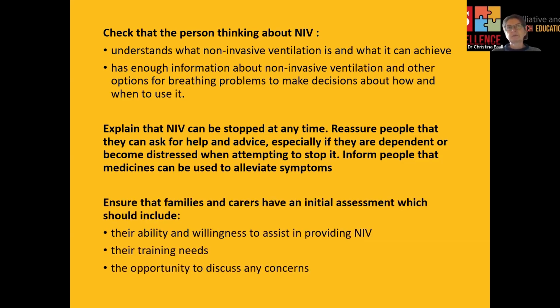And then there's a need to make sure that families and carers have had an assessment at an early point to understand and be able to use it, and particularly to flag the opportunity of how would they discuss concerns, how would they come back to people to check that things are okay or talk about what bothers them.